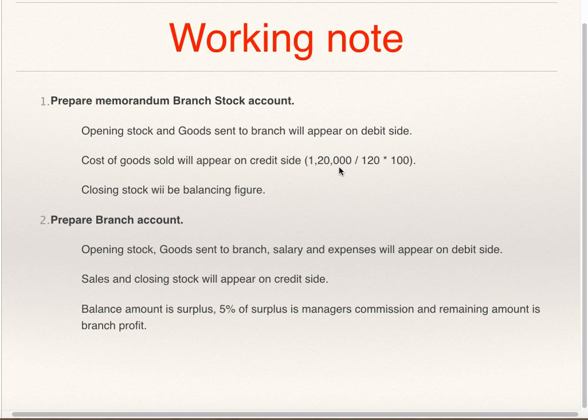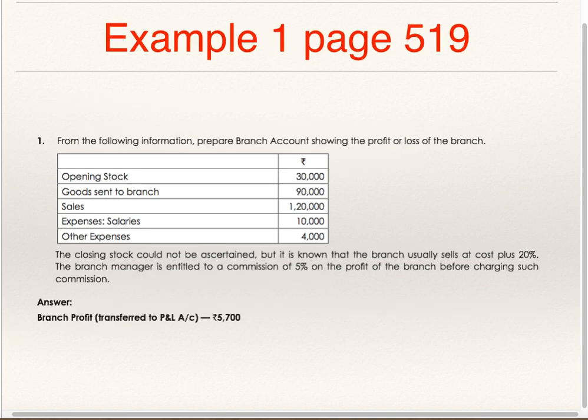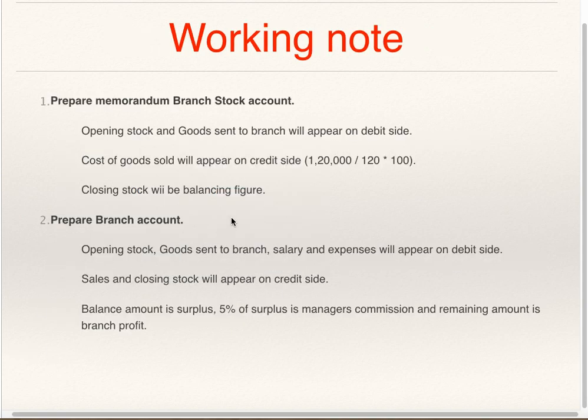Sales are given as 1,20,000, and branch sells at cost plus 20%. So 1,20,000 divided by 120 into 100 will be cost of goods sold, which will appear on the credit side, and the balancing figure will be closing stock. So prepare memorandum branch stock account and find out closing stock.